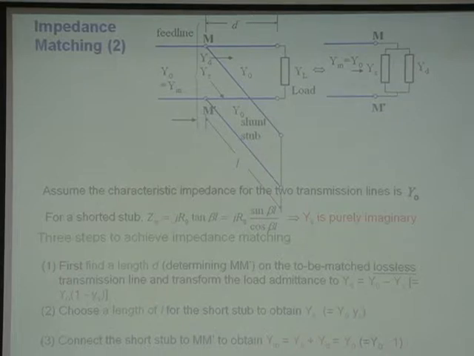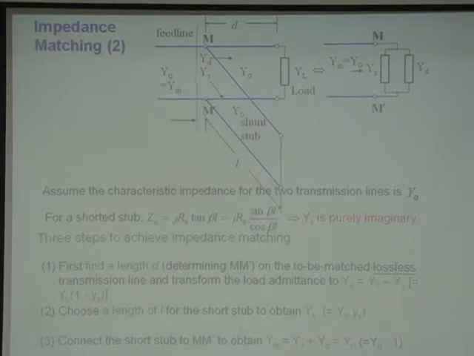That's it. Okay, but you have to determine D and L. These two variables have to be determined from your Smith chart. Okay, let's look into this a little bit carefully. What we are dealing with is a Smith chart. And all the values on the Smith chart are normalized to the characteristic impedance or characteristic admittance.